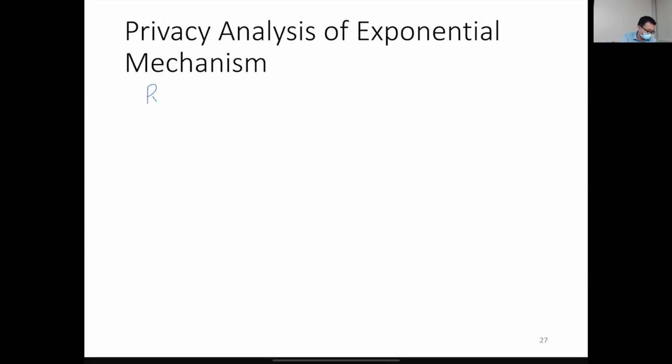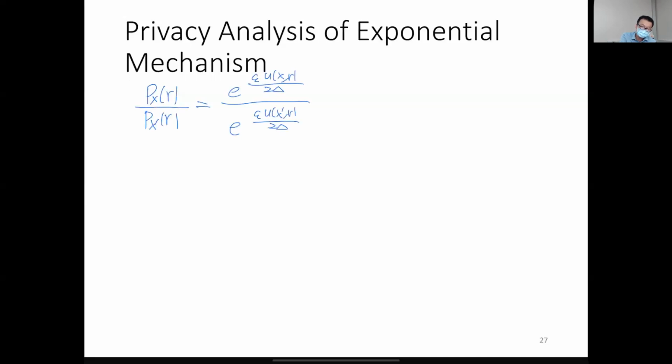So P of X outputting r over P of X prime outputting r. Let's just write out the probability distribution. These probability distributions are proportional to the exponentiated version of the utility function: e to the power of epsilon u(x prime, r) divided by 2 times sensitivity.